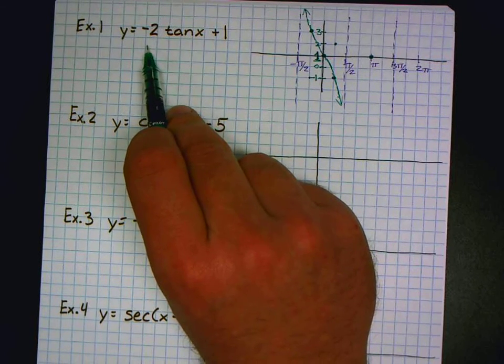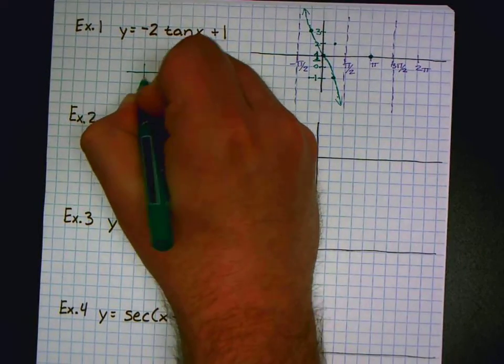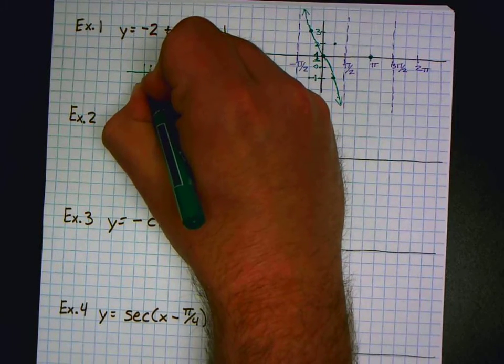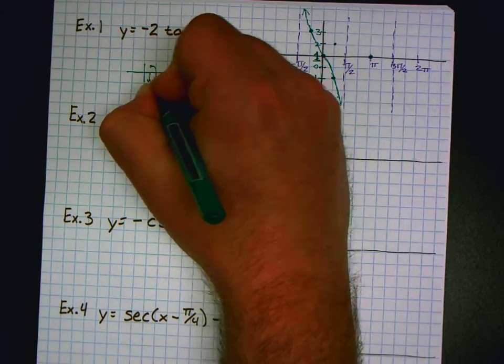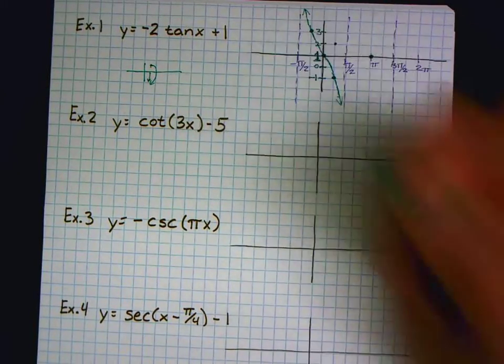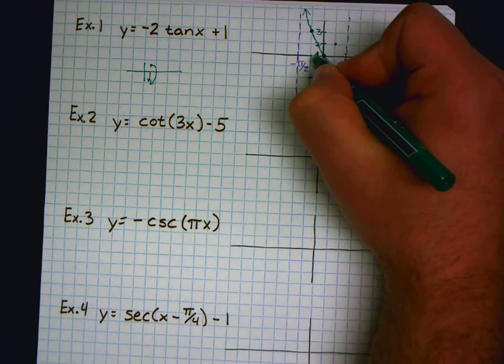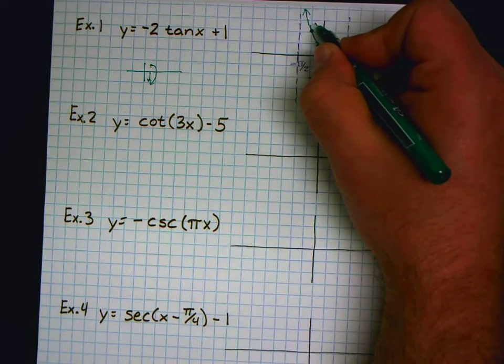The -2 changes the amplitude. So instead of my graph going up 1 point, I'm shifting that to going down 2 points. Instead of this point going down 1 point, I take that distance times -2, so now it's going up 2 points.